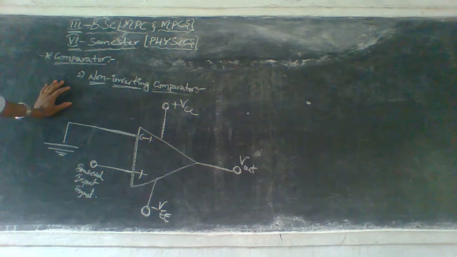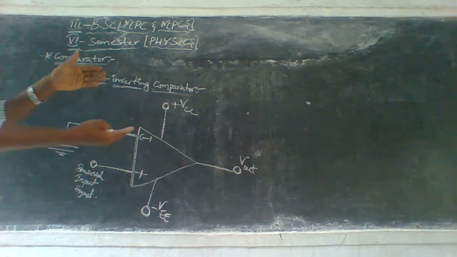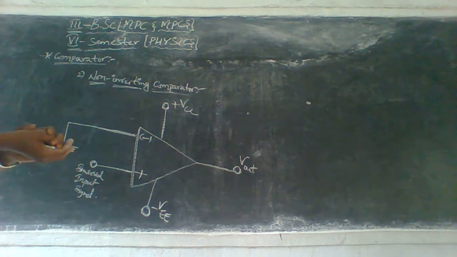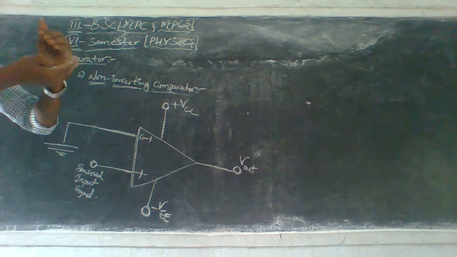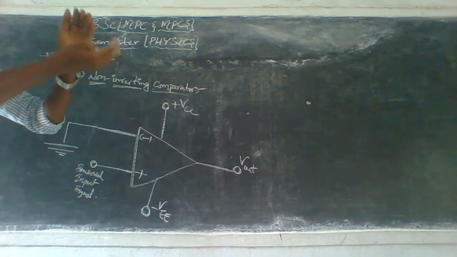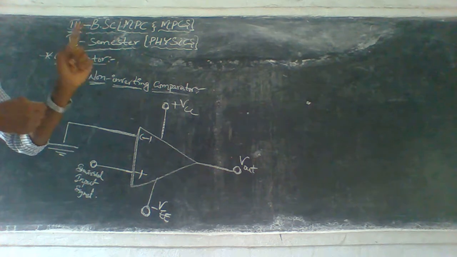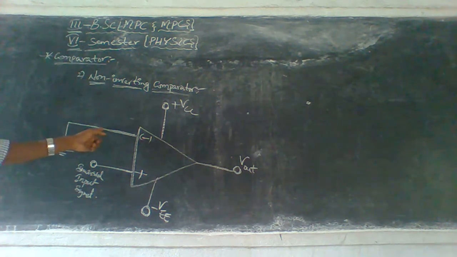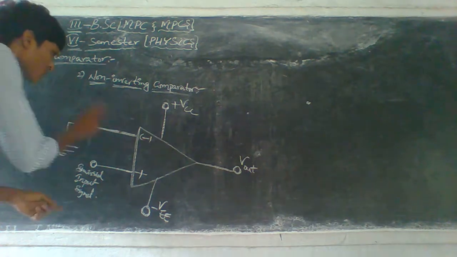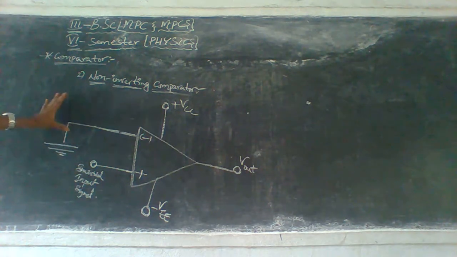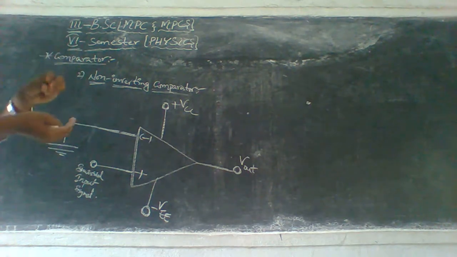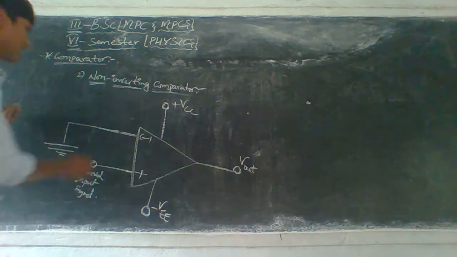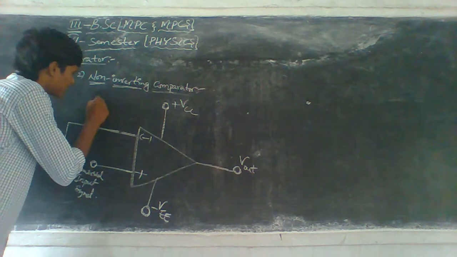Okay, so the operation of a non-inverting comparator is explained as follows. During the positive half cycle of the sinusoidal input signal, the voltage present at the non-inverting terminal of the operational amplifier is greater than 0 volts.